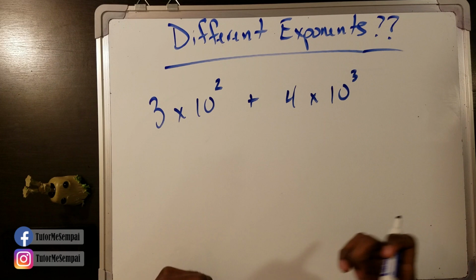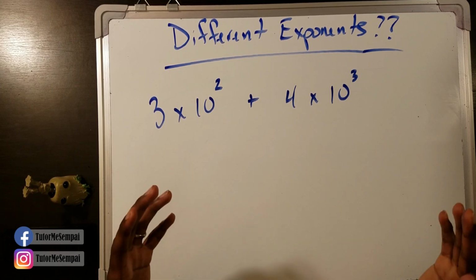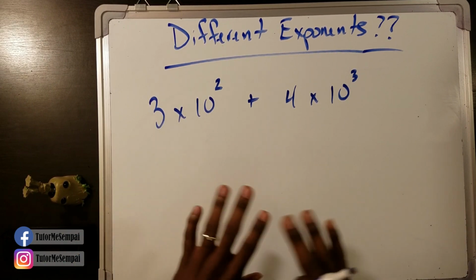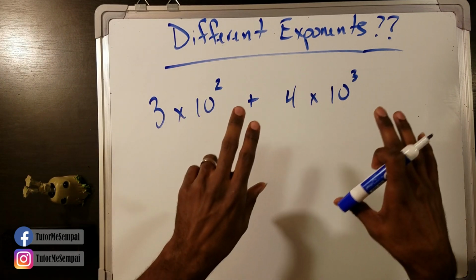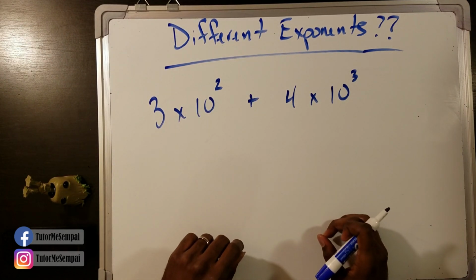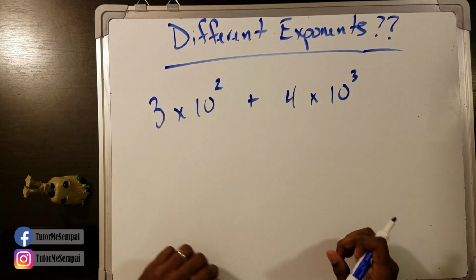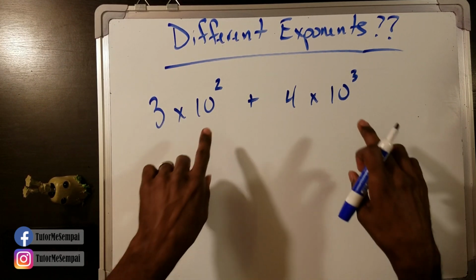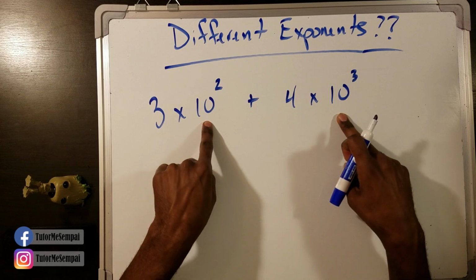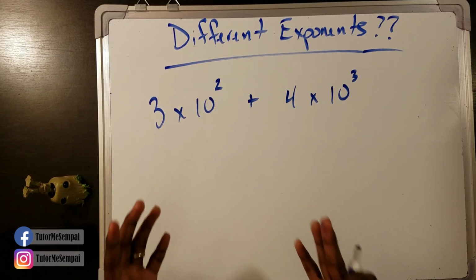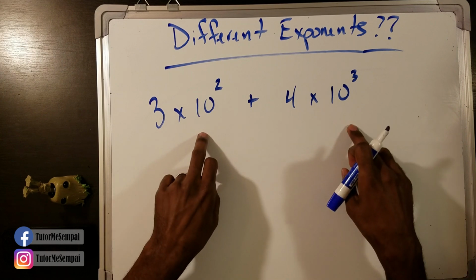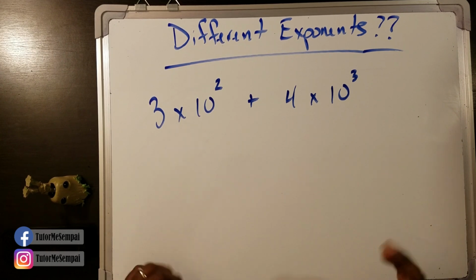There's one simple step that we have to do, and once we do that, it's going to be just like you would in every other situation in which you have same base and same exponent. And that is, get the same base and the same exponent. That's your step. If you have them with the same base but different exponents, simply change one to get the same exponent. And because we know what the base is, we can easily achieve this.